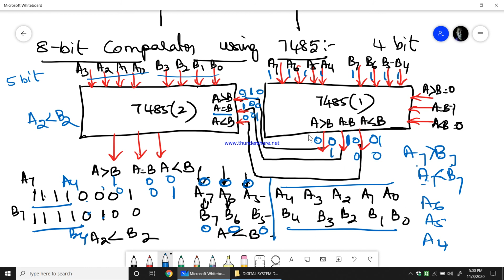So somehow I can make this 8-bit comparator work as a 5-bit comparator by making the higher MSBs zeros. Okay, or else you can say by making the higher MSBs equal. If you make all 3 bits equal in the MSBs, then it goes on comparing the 5 bits. Okay. So this is all about the 7485 IC.